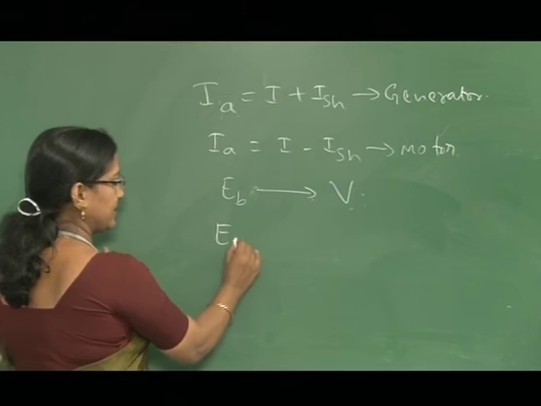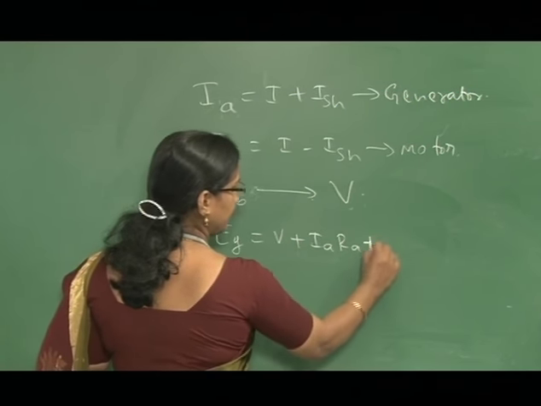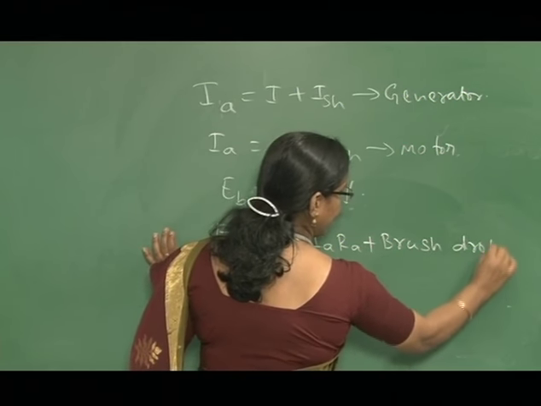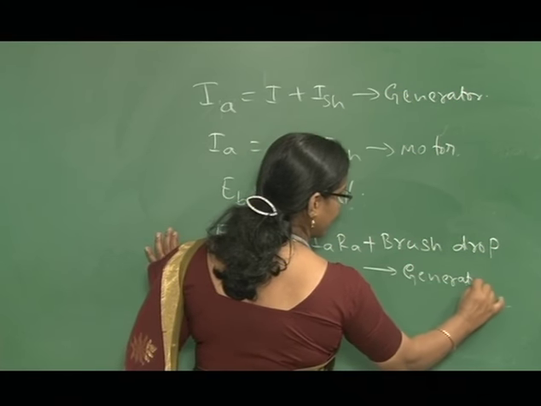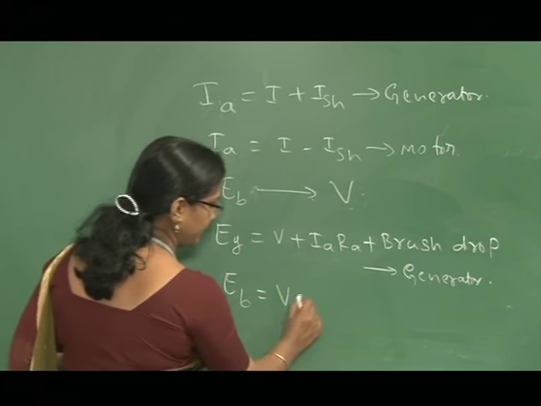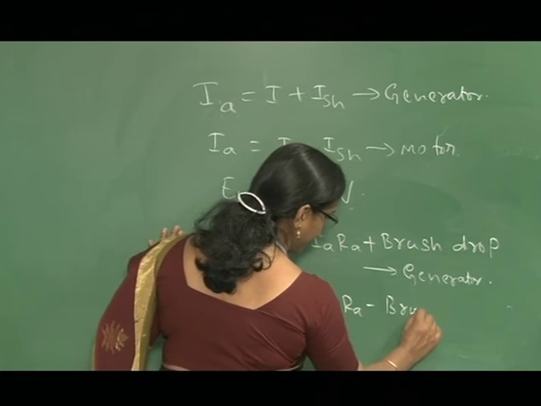That is EG is equal to V plus IARA plus brush drop in case of generator. In case of motor, the back EMF EB is equal to V minus IARA minus brush drop.